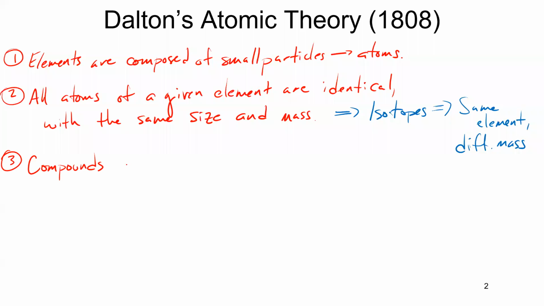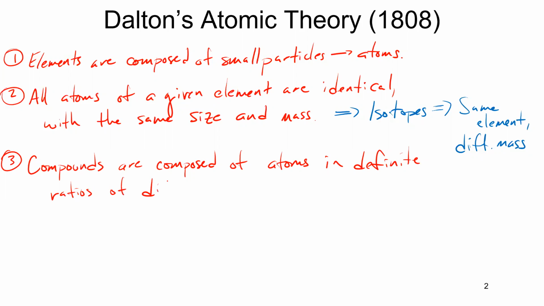And so compounds are these substances that are composed of atoms in definite ratios of different elements. Compounds are composed of atoms in definite ratios of different elements, right?